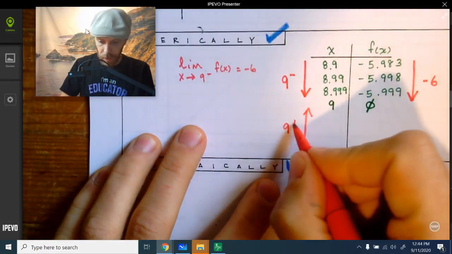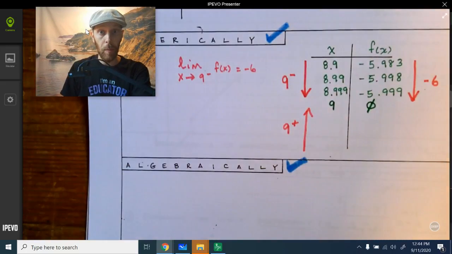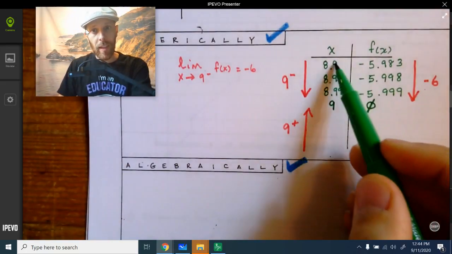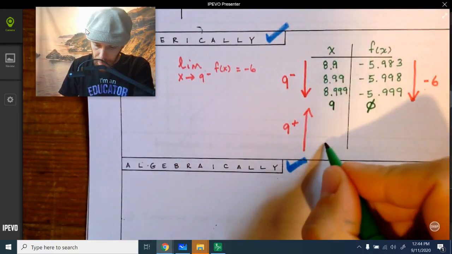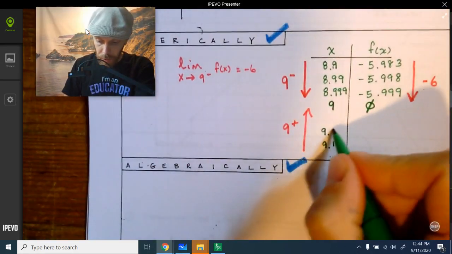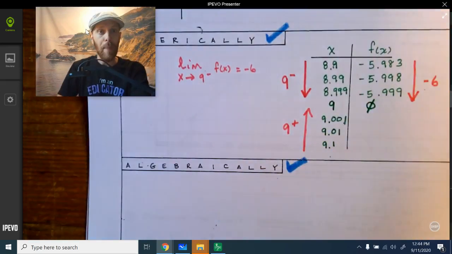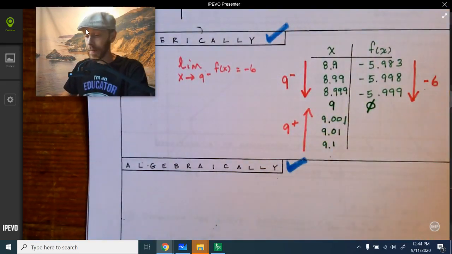So if I was going to play a similar game from the right side, what would be some good numbers to use over here? For symmetry's sake, symmetric to the 8.9 might be a 9.1, and then a 9.01, and then a 9.001. Try popping those into your calculator and see what you get.